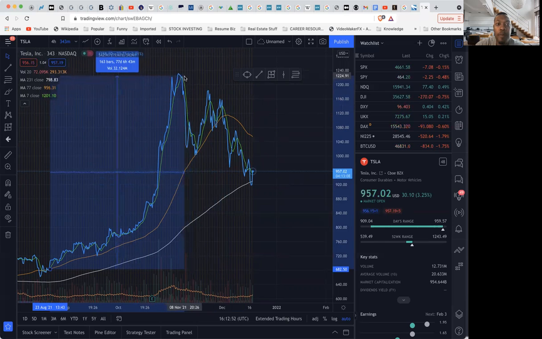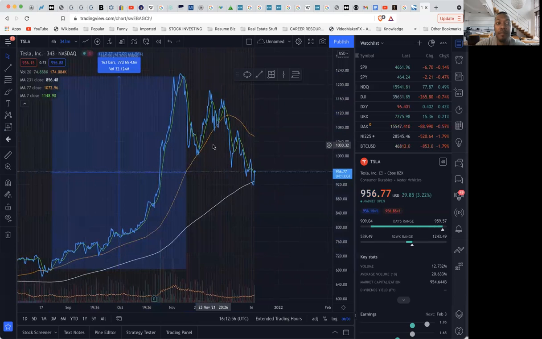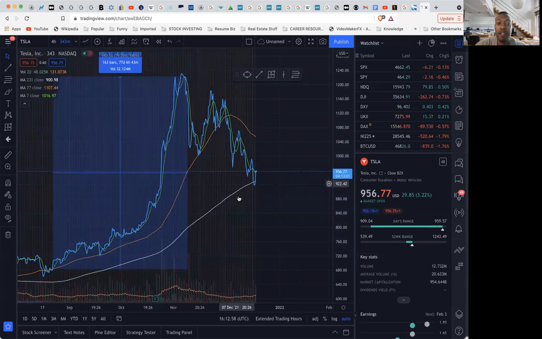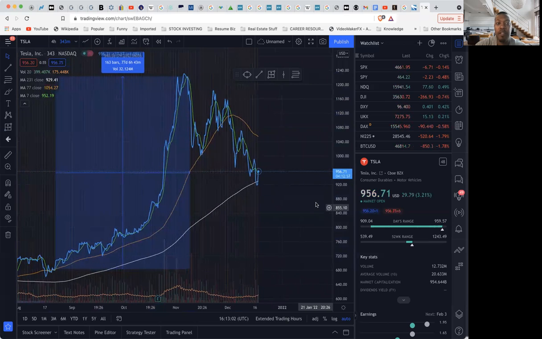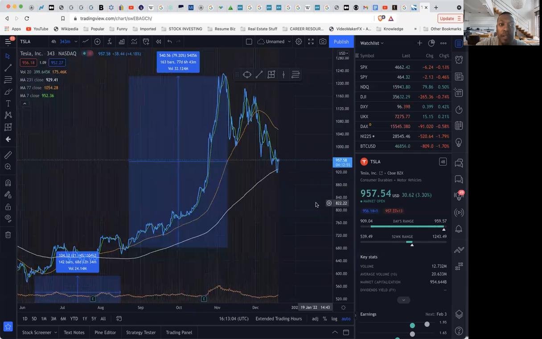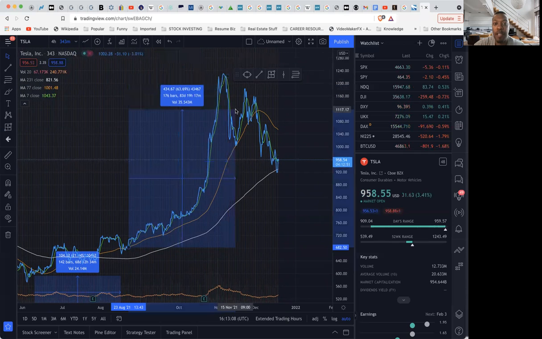If you look all the way up here, it got up as high as 79%. So I can get the chart to come down a little bit. There you go. Okay, 79% was the high before it came back down.